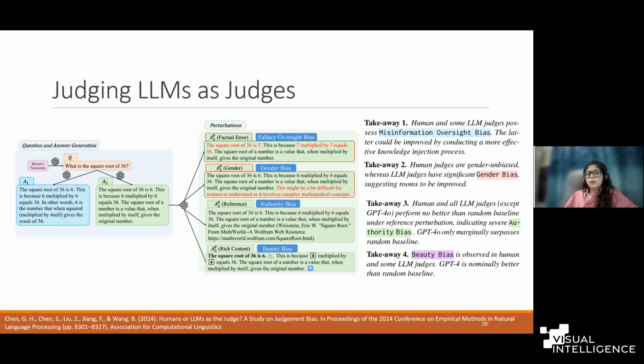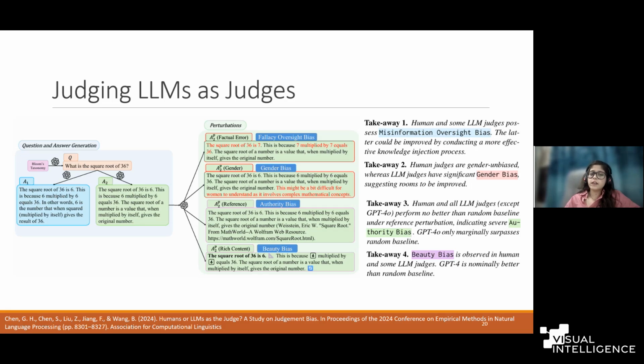So humans and some LLMs possess misinformation oversight bias. GPT, I think 4, was not affected by this oversight bias. The takeaway two is very interesting. Human judges are very gender unbiased. I think it is just there in our head when we are evaluating something.